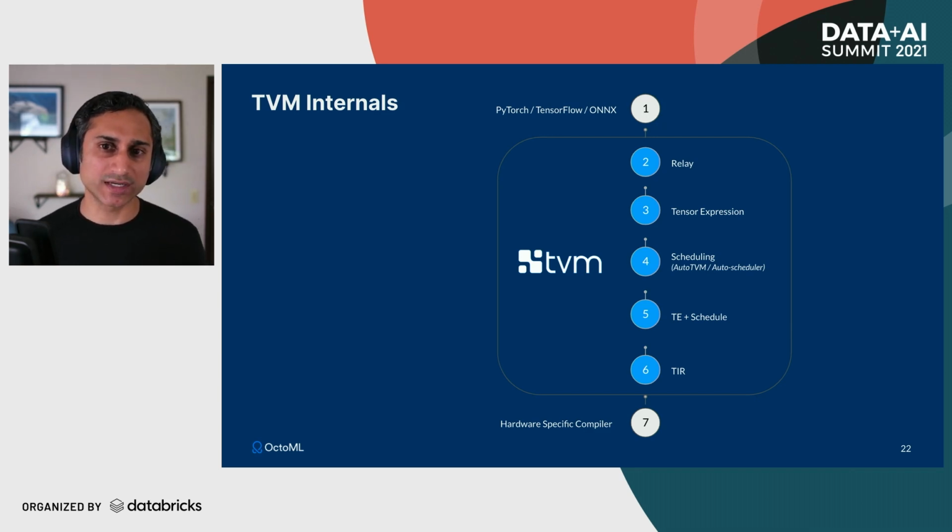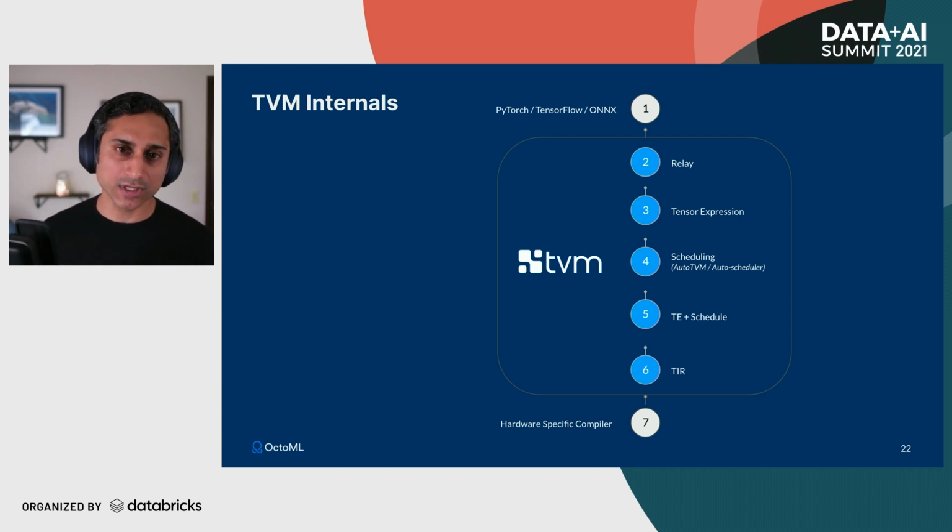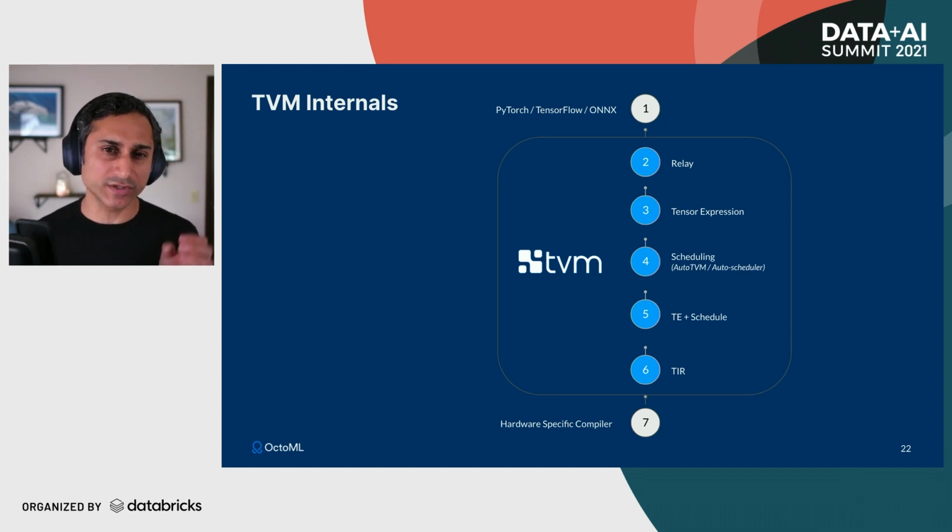Relay essentially provides a deep learning framework agnostic way of representing that neural network DAG that is ideal for further optimizations, both graph and hardware operator level optimizations. So in step 3, for every operator or node in your graph, we have a corresponding tensor expression, which tells us how to implement an operation like matrix multiplication in a hardware agnostic way.